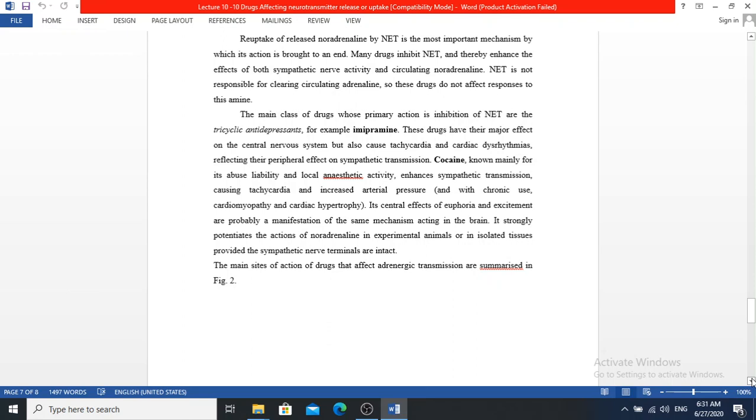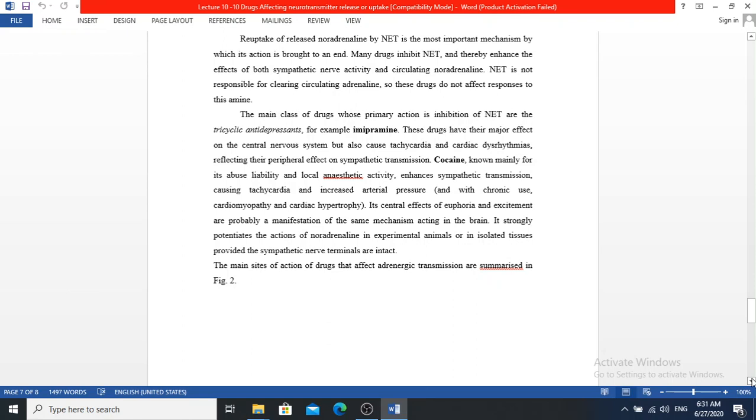Cocaine, known mainly for its abuse liability and local anesthetic activity, enhances sympathetic transmission, causing tachycardia and increased arterial pressure, and with chronic use cardiomyopathy and cardiac hypertrophy.